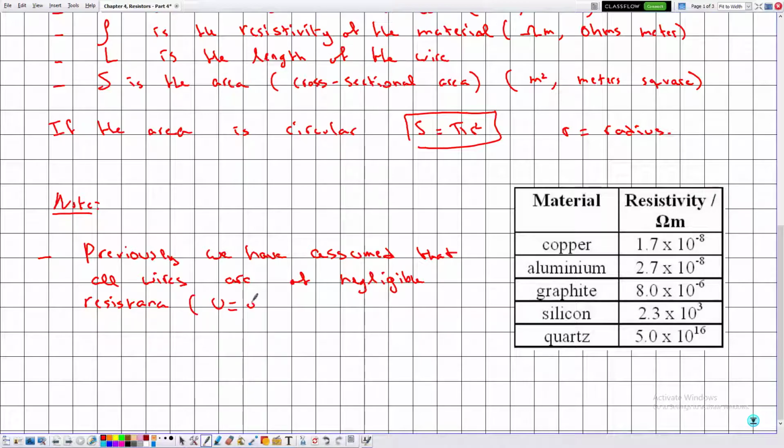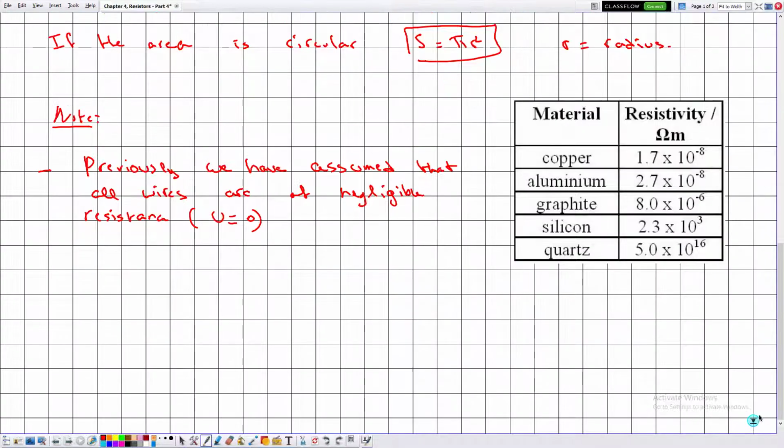Then the voltage across the wire is given by 0. But actually they are not negligible. So we can say that in reality, the resistance of the wires is not zero, which means they are negligible, but they are not zero.